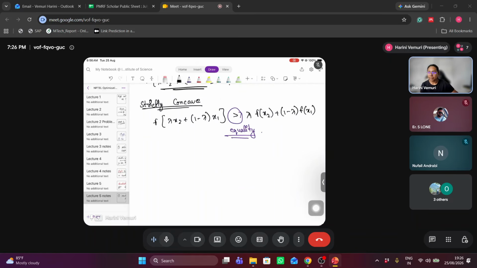Then also we know that for a convex function, the Hessian matrix is a positive semi-definite matrix. And there is one more theorem.